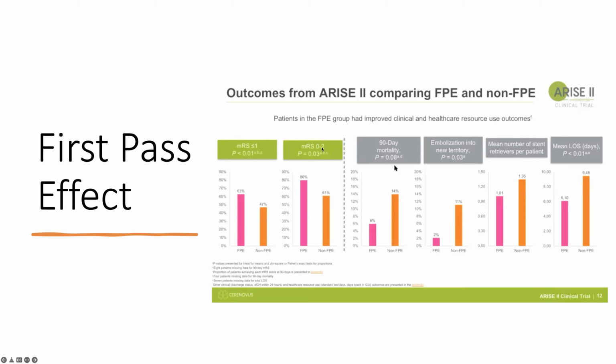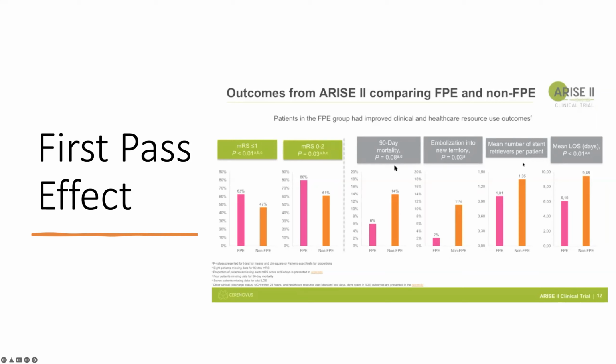Modified Rankin score of 0 to 2, again, was higher with first pass effect, 80% versus 61%. You can see that the 90-day mortality was higher with the non-first pass effect versus the first pass effect, so 6% versus 14%. Also, embolization in new territory was lower if you were able to get the clot out in the first pass effect versus the non-first pass effect.